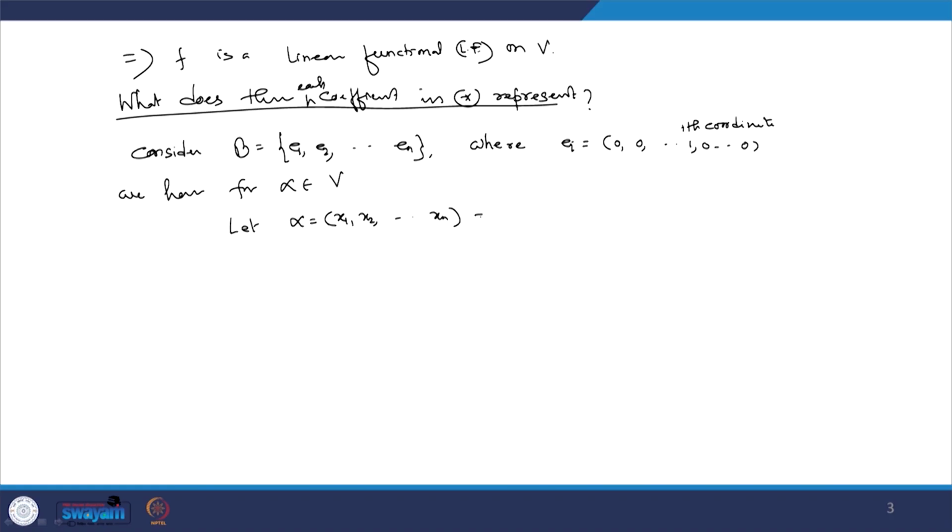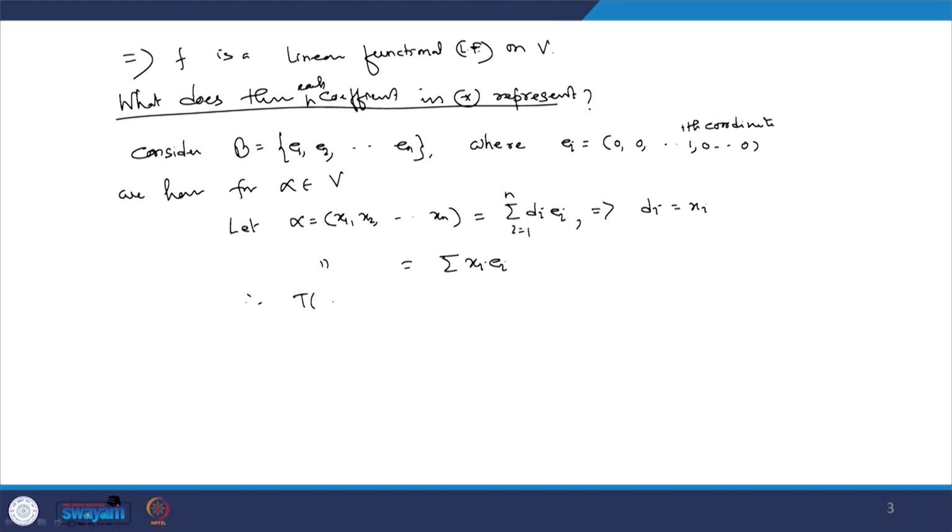So, I can write this as sigma di Ei, i equal to 1 to n. This implies that di equal to xi. So, alpha equal to sigma xi into Ei.